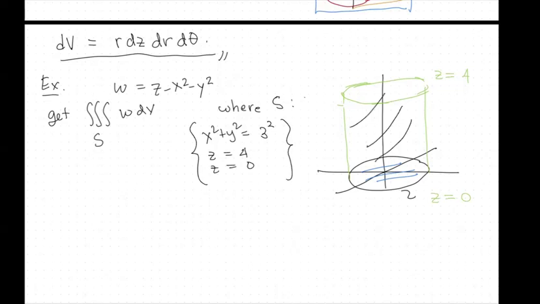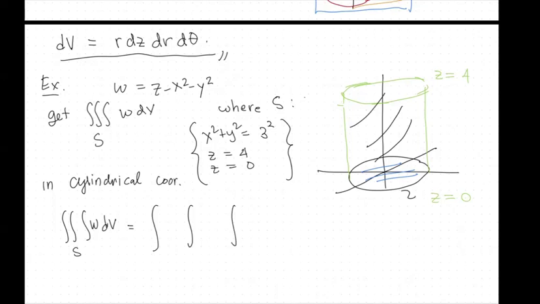Okay. Now we will first set that up in cylindrical coordinates. So here the integral of W dV over S is set up as the iterated triple integral.